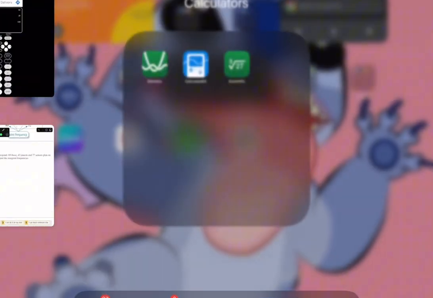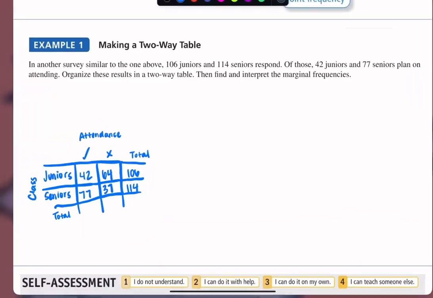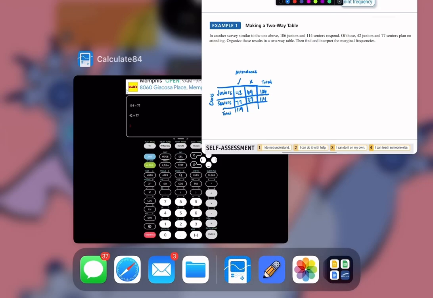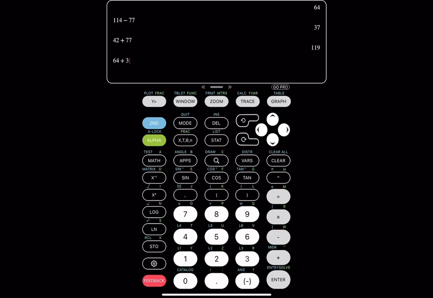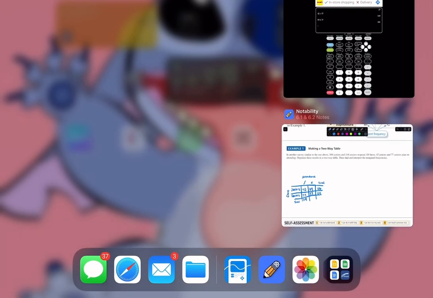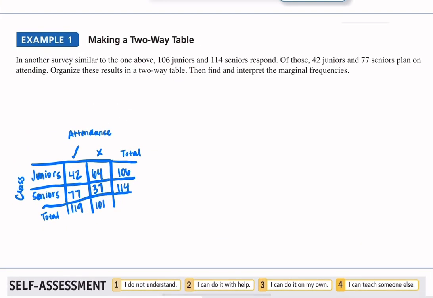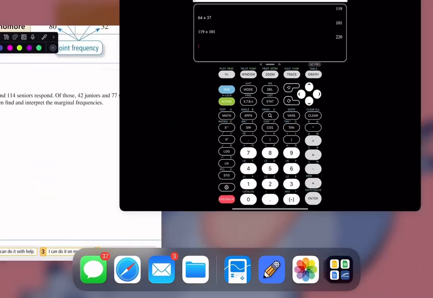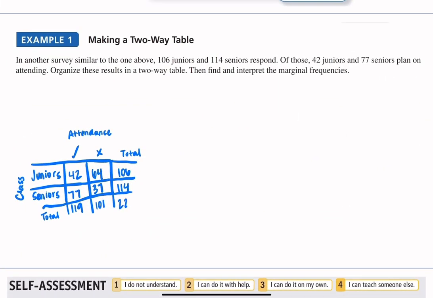It's 119. For not attending, I have 64 plus 37. 101. And then my combined total, you can either add the column or the row for total, it doesn't matter. We'll just do 119 plus 101. If you add them both, they should both equal the same number though. So if I were to go back and add 106 plus 114, that should also equal 220.